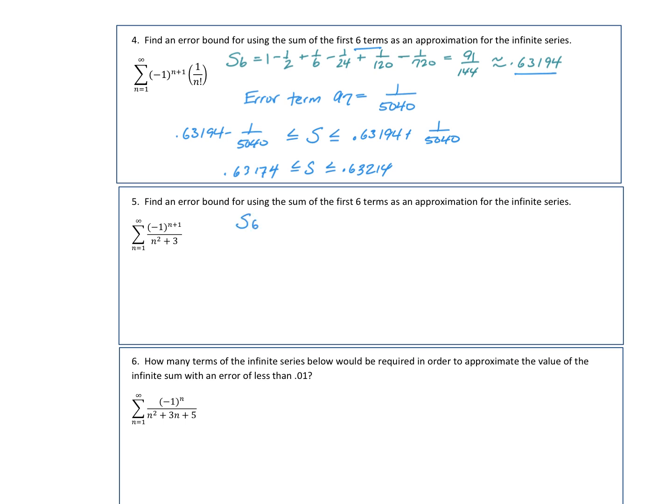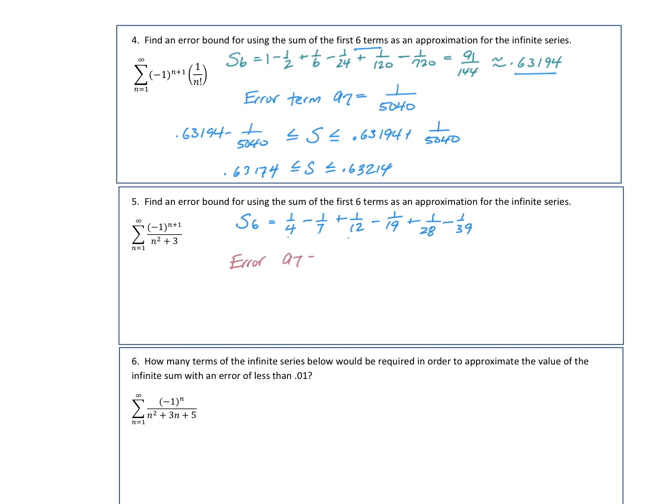Find an error bound, 6 terms, same as above. So S sub 6, we're going to get 1/4 minus 1/7 plus 1/12 minus 1/19 plus, so this is 1, 2, 3, 4, plug in 5, so 1 over 28, and then minus 1 over 39. I didn't calculate my sum, but I have the final answer, so I must have kept it in my calculator. The error term is the 7th term.